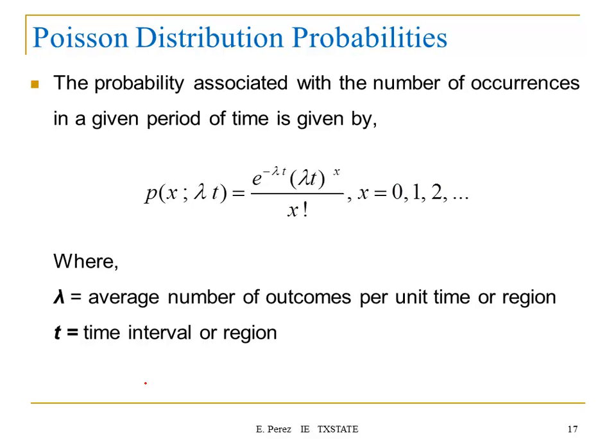X is the number of occurrences. The expression has an exponential of minus lambda t, times lambda t to the power of x, divided by the factorial of x.